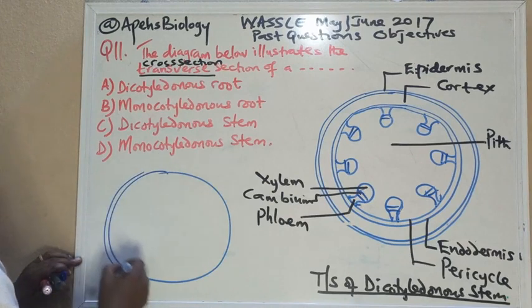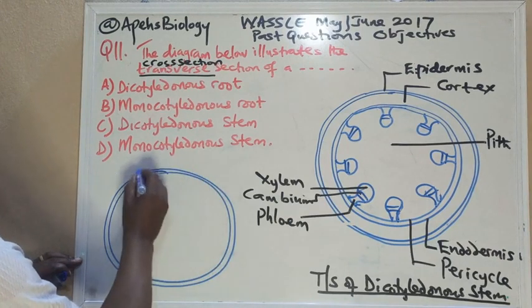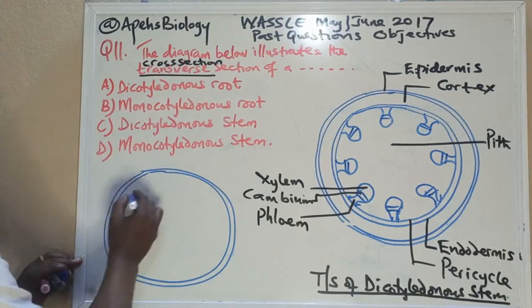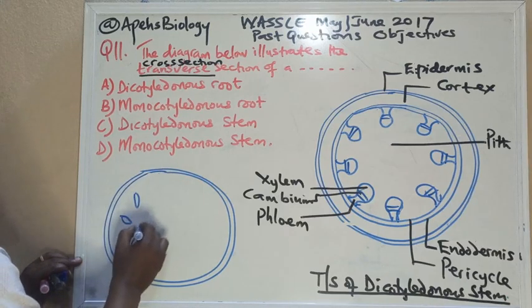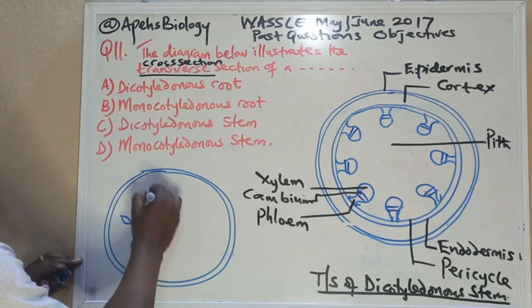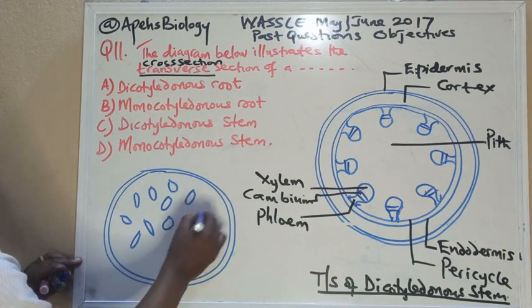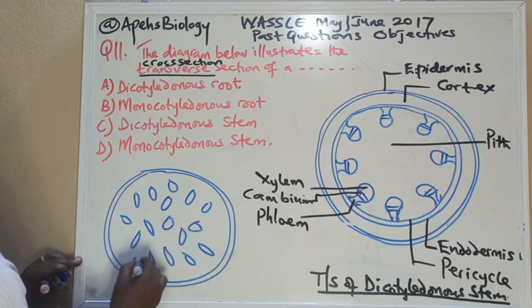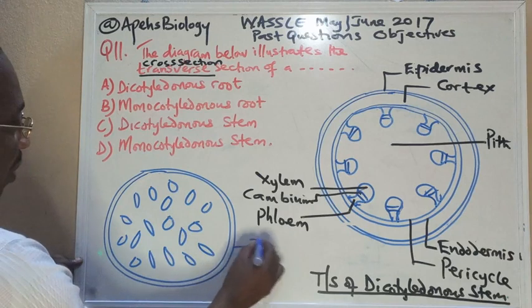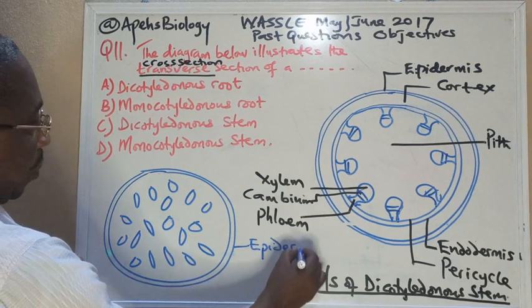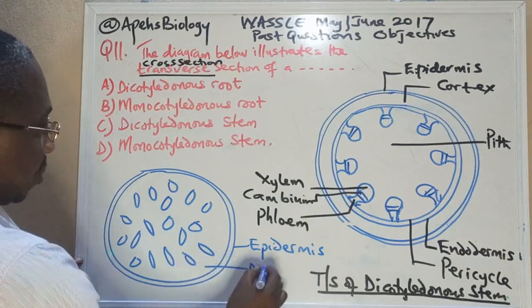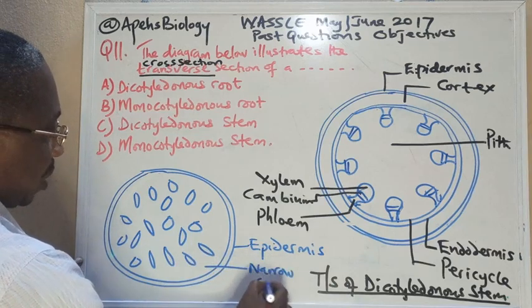It has its own epidermis, but this time around you will notice that it doesn't have a major pith. It just has vascular tissues that are scattered like that, right? And then you have this one now that is going to serve as the epidermis of your monocotyledon stem, epidermis. And then this area will be its own narrow cortex, very narrow cortex.